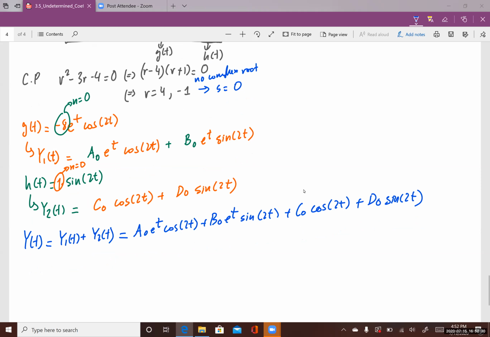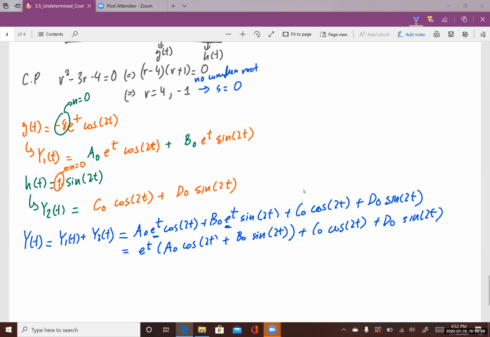Now I really want to simplify this a little bit. I have e to the t the same, so I factor it out. I have a0 cosine 2t plus b0 sine 2t. I cannot simplify the rest, so I just rewrite these two functions, c0 cosine 2t plus d0 sine of 2t.